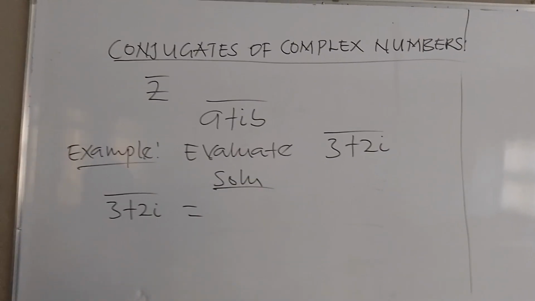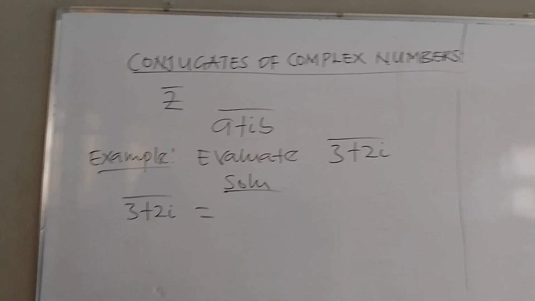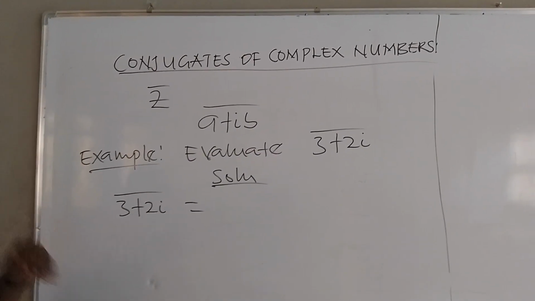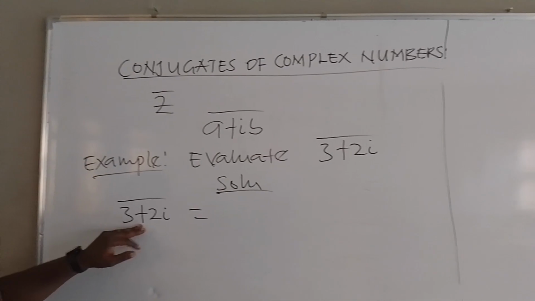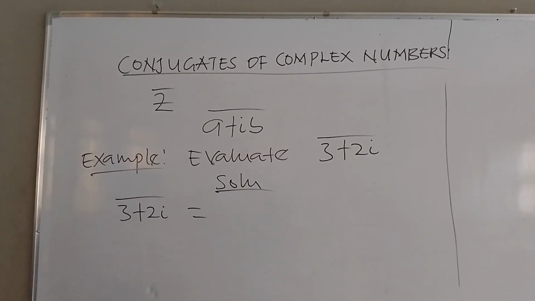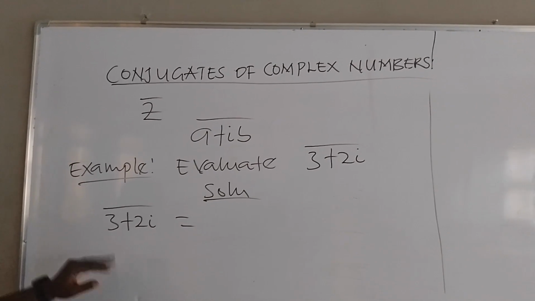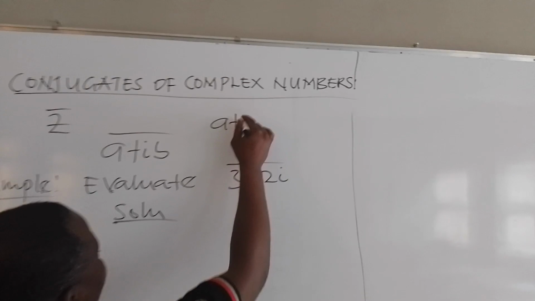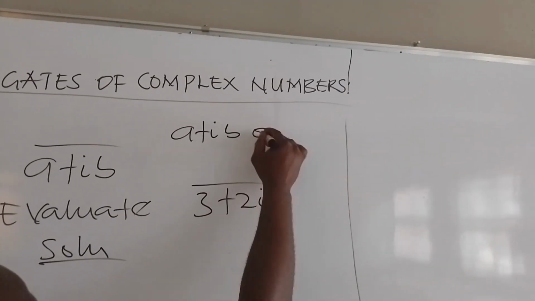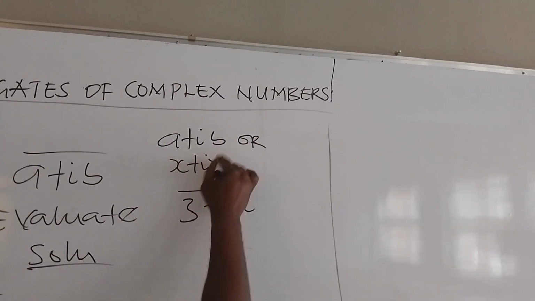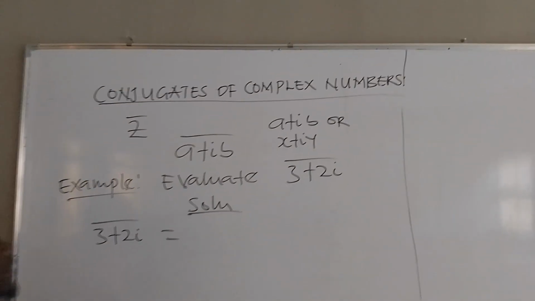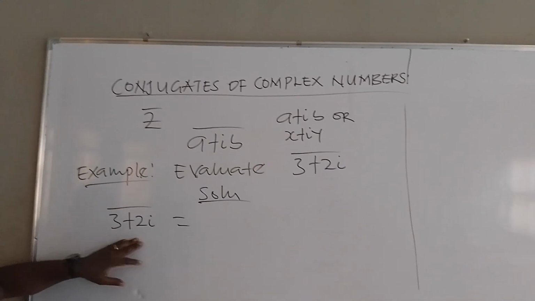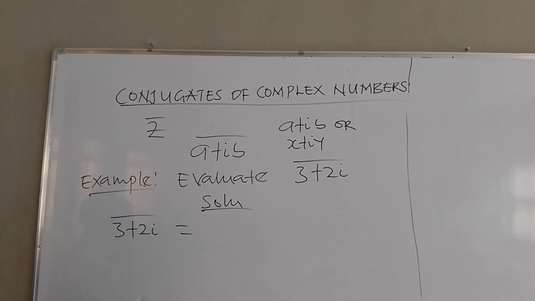This is equal to, it means if you want to conjugate a complex number, what you will first consider is the number here. Is it a complex number? You ask yourself, what do I mean by a complex number? A complex number is always of this form, a plus ib, or x plus iy. These are complex numbers. And as you look at this value, you discover that this is a complex number, true or false?